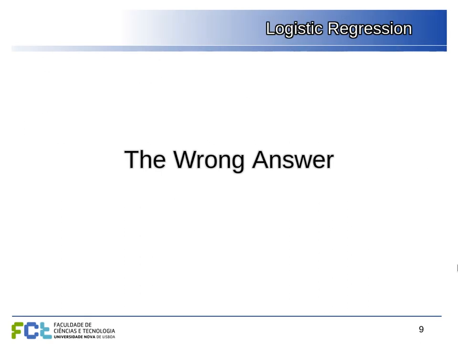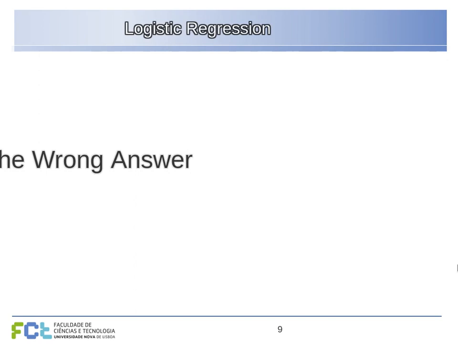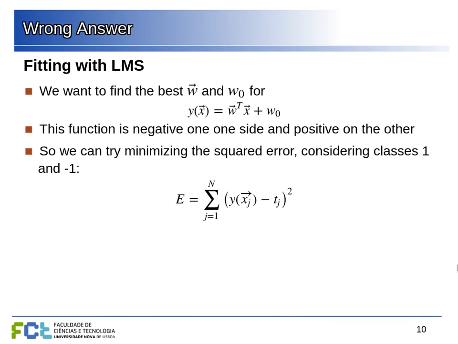So let's start by doing this incorrectly. We're going to use the same thing that we used for regression. So the idea was that with regression, we were minimizing the quadratic error, and so trying to fit the line to the points. In this case, we can say that on one side of the discriminant, the points belong to class 1, on the other to class -1, and we have this function that is positive on one side and negative on the other.